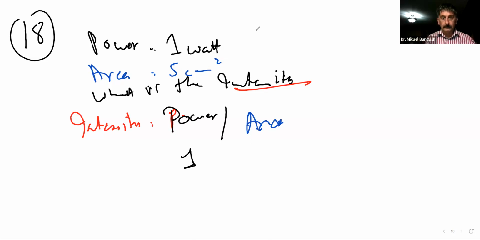1 by 5. And we would know that the unit is going to be watts per centimeter square.